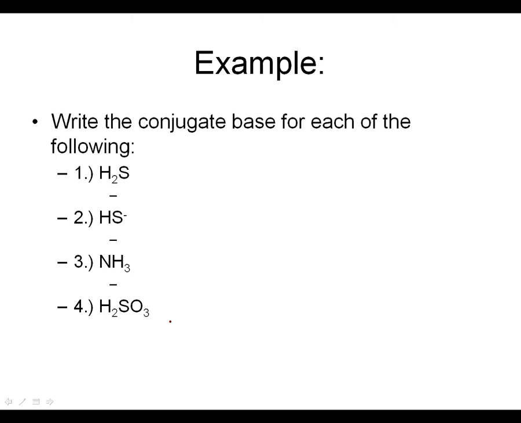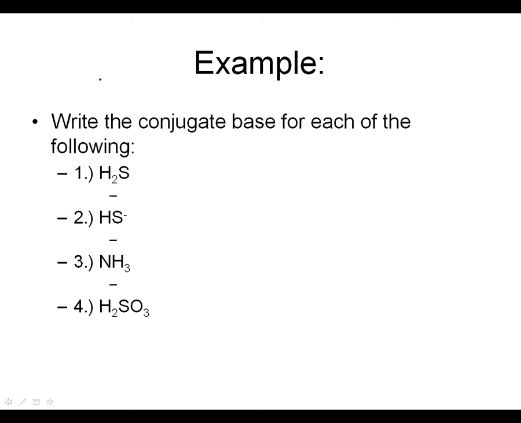Okay, so let us take a look here. So our conjugate base for each of the following. Sometimes when you're asked to write either the conjugate base or the conjugate acid, what you want to think about is the relationship of those things.